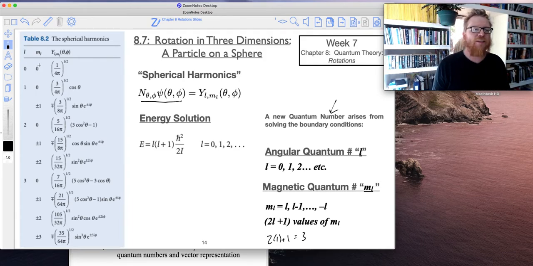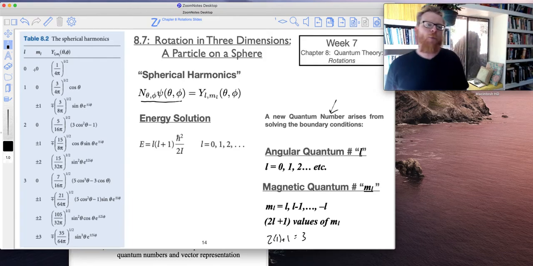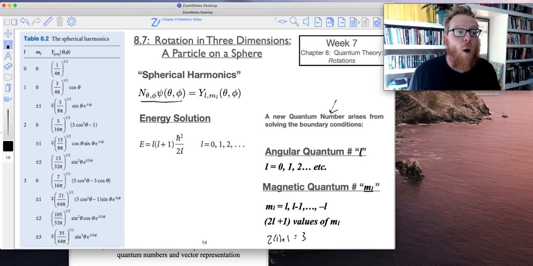So when L is equal to 0, M_L has to be equal to 0. Well, my Y_L^{M_L}, my spherical harmonic function, becomes the square root of 1 over 4 pi. Okay? With no theta or phi dependence, which is kind of cool. We'll see the manifestation of that in a moment.